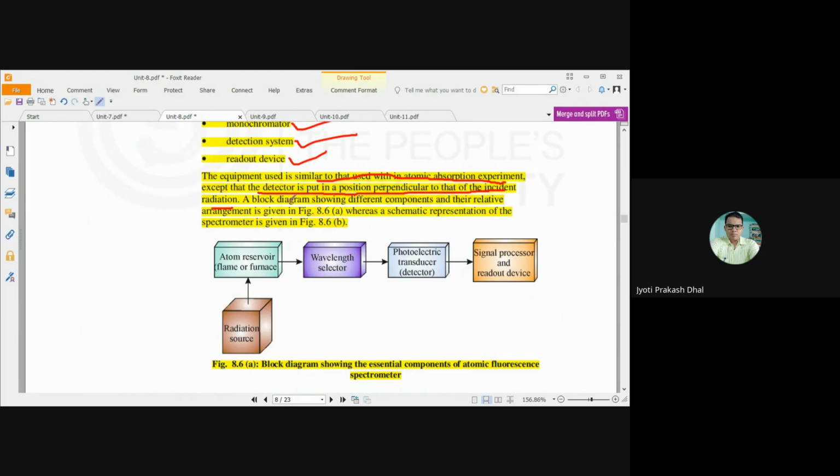The remaining part will be the same. A block diagram showing the different components and their relative arrangement is shown below. So this is the radiation source, this is the flame reservoir, and here the wavelength selector, photoelectric transducer, that is the detector, then the signal processing and readout device.